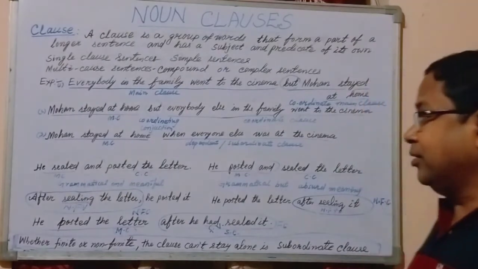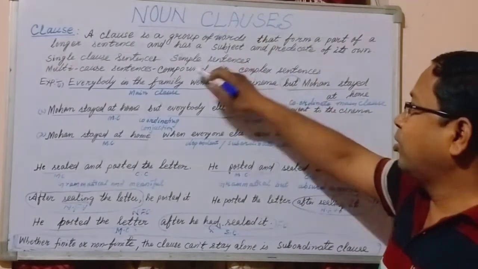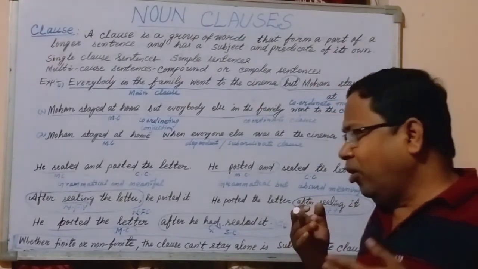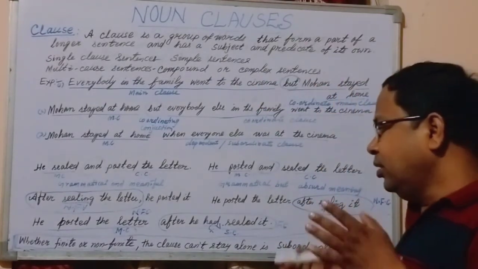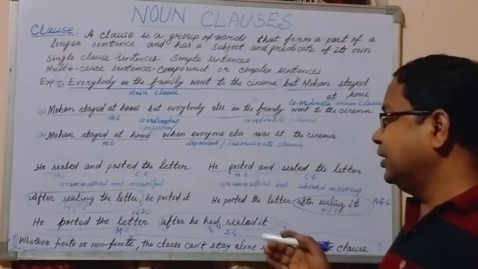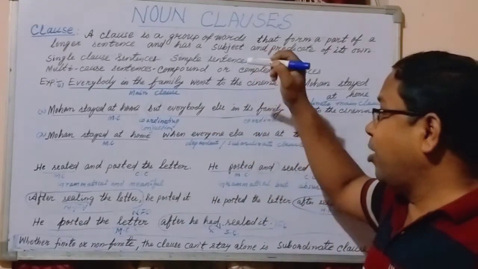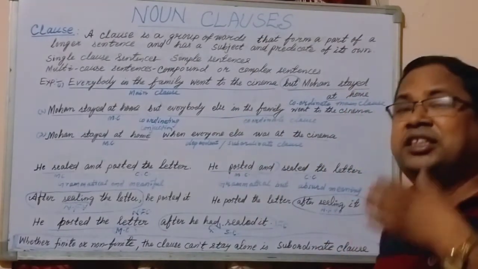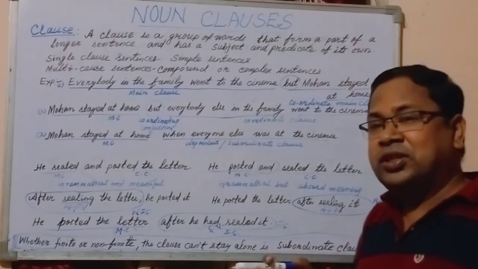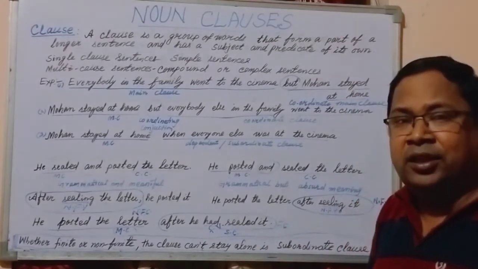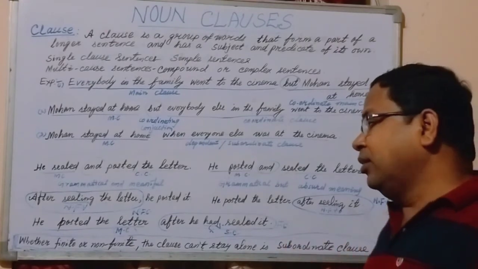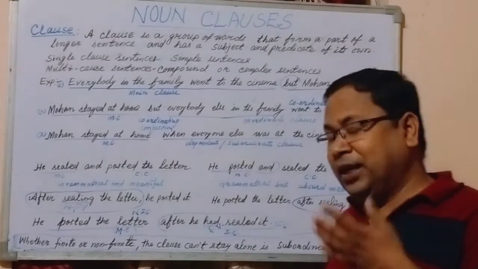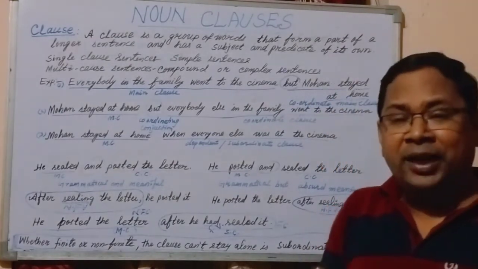But remember one thing, as we discussed simple sentences, compound sentences, and complex sentences, in a complex sentence there is a clause which is dependent, which cannot stay separately, independently, alone, whether it may be a finite clause or a non-finite clause.